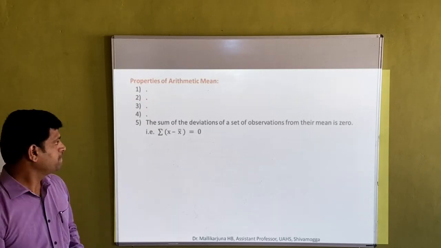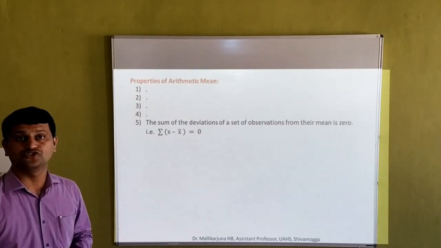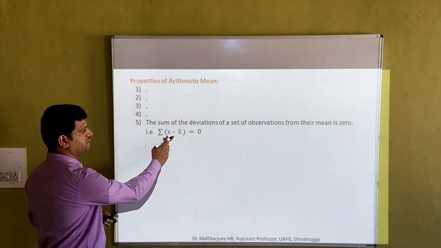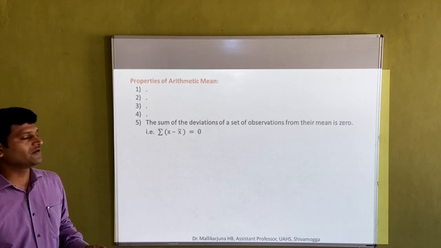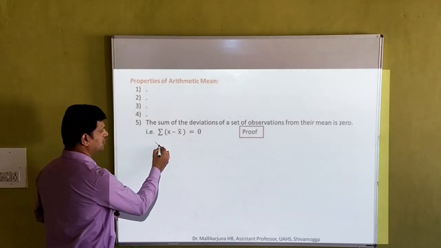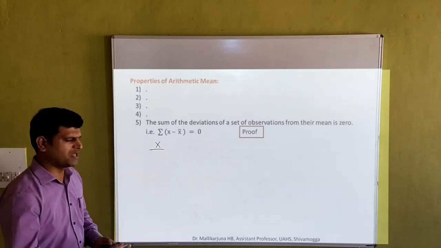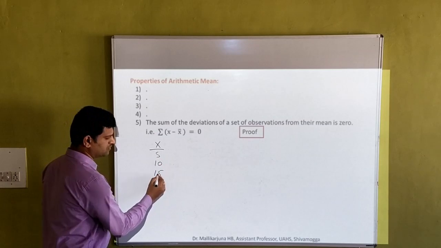Coming to the next property, the sum of the deviations of a set of observations from their mean is 0. That is, summation of x minus x bar is equal to 0. I will explain this through one proof. Let's consider a simple set of data: 5, 10, 15. There are 3 observations.